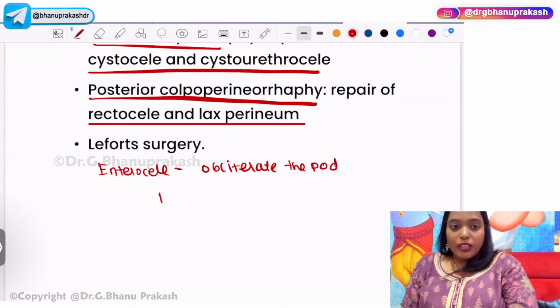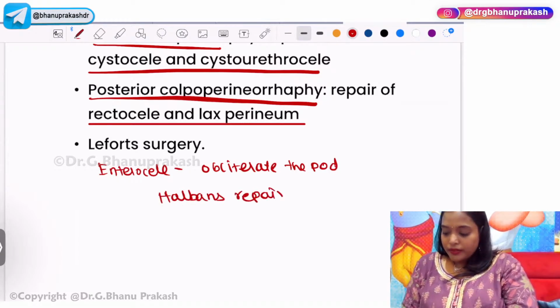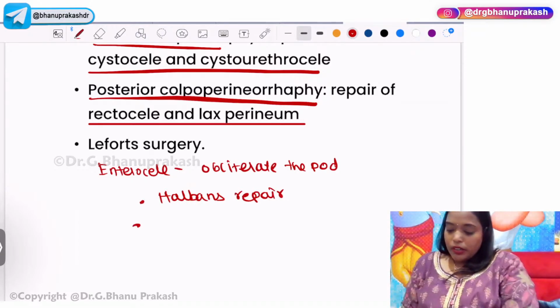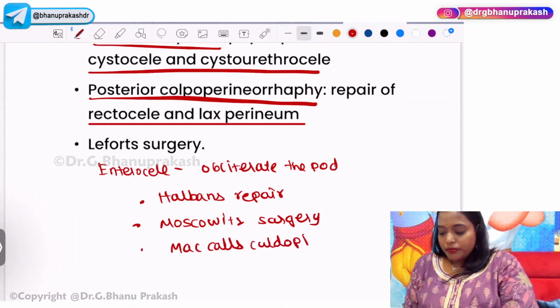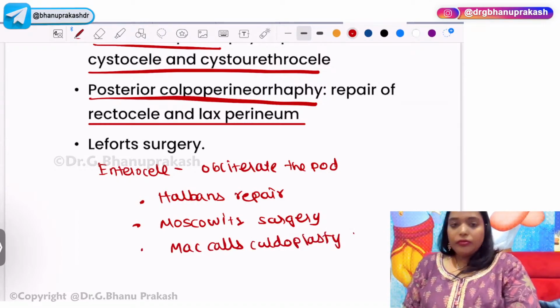So there what we do is Halban's repair, Moskowitz surgery, and McCall's culdoplasty. So for enterocele, you have to obliterate the pouch of Douglas, and for that you have Halban's repair, Moskowitz surgery, and McCall's culdoplasty.